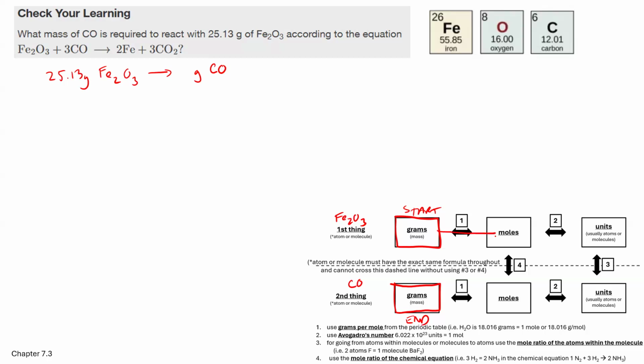Again, cross arrow 1, grams per mole, periodic table; cross arrow 4, mole ratio, chemical equation; cross arrow 1, grams per mole, periodic table. Let's do the molar masses first. Fe2O3, we have iron times 2, and that's 55.85 grams per mole. Oxygen times 3, 16.00 grams per mole. So let's do that.